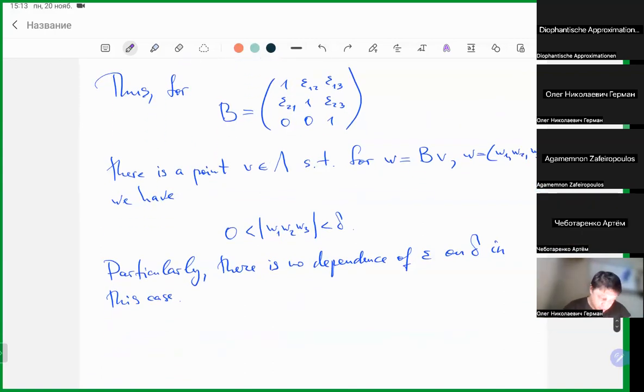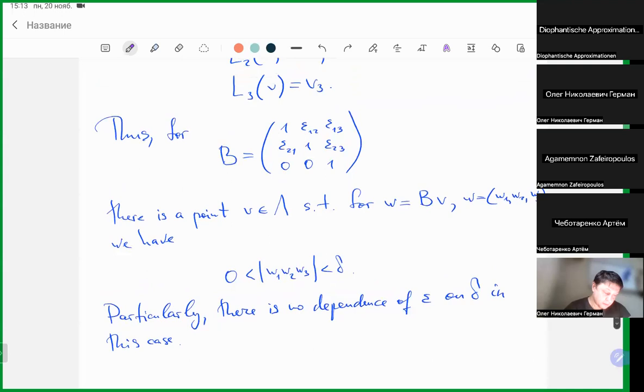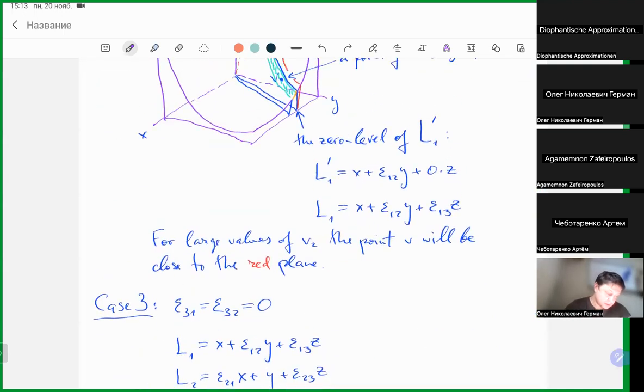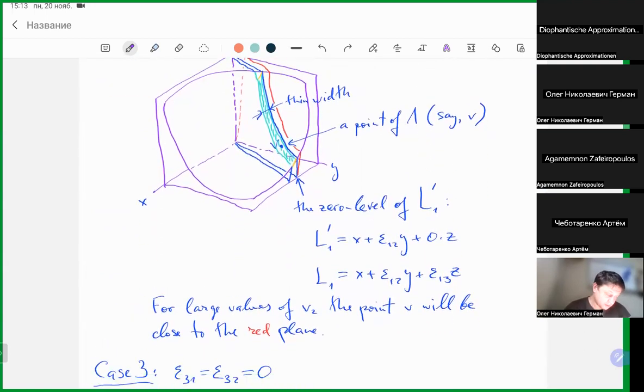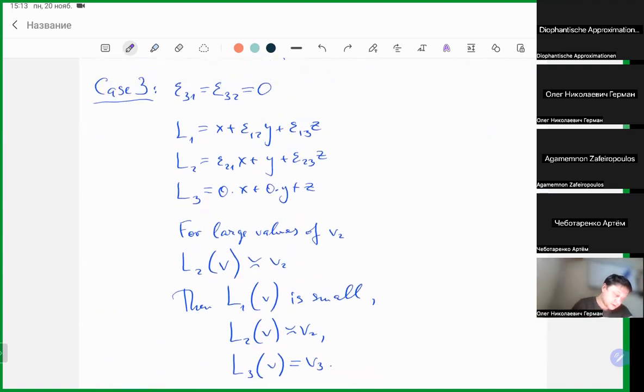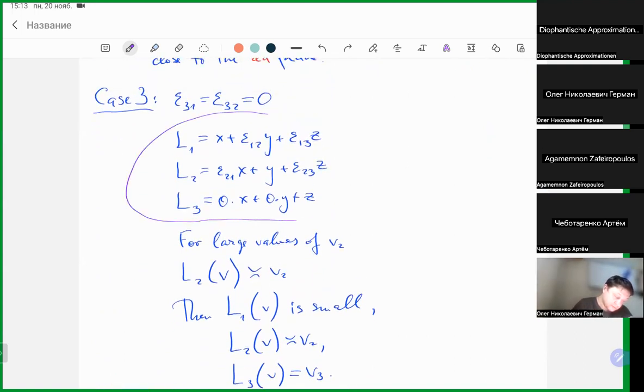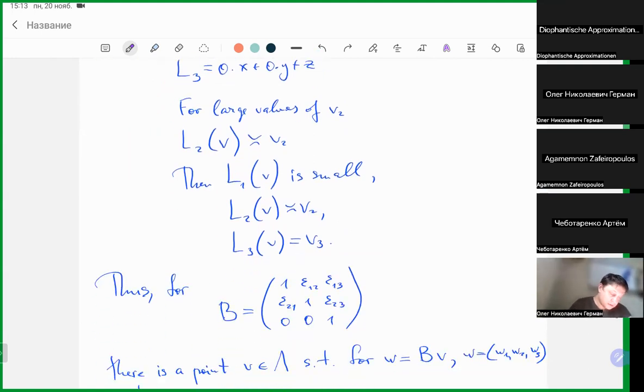So we showed that if our matrix B has such a form with zeros over here, then let us look at the picture. Then our three forms, our three forms of this kind, will satisfy the following three conditions.